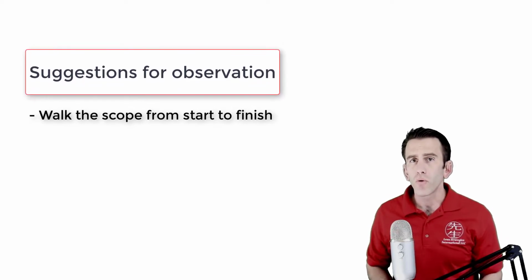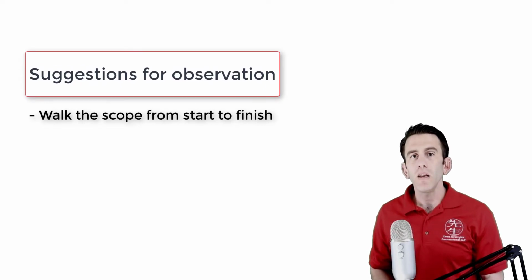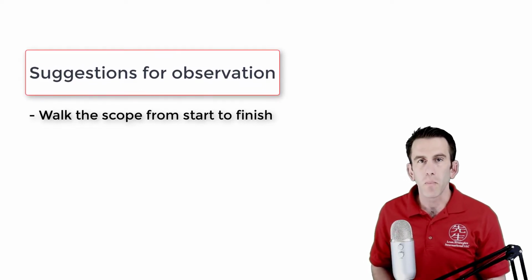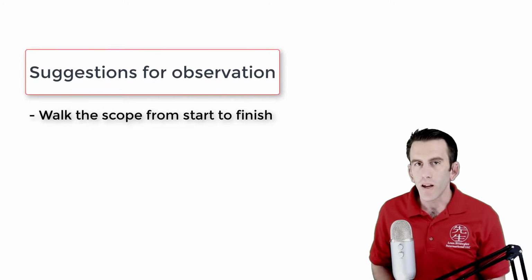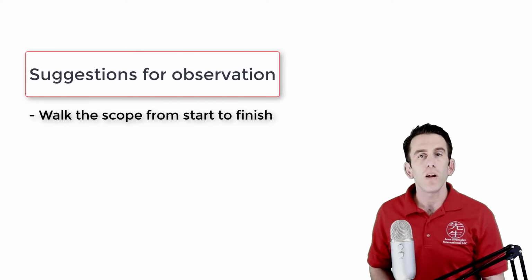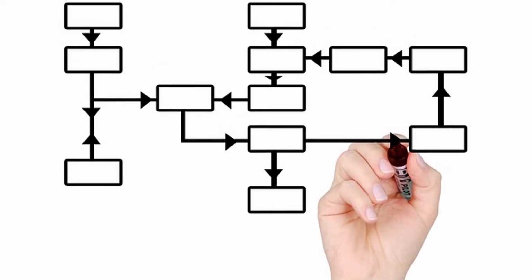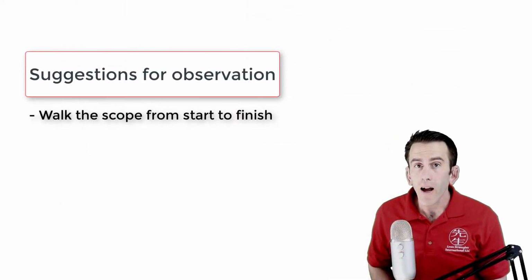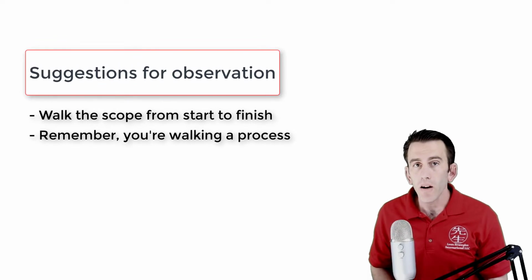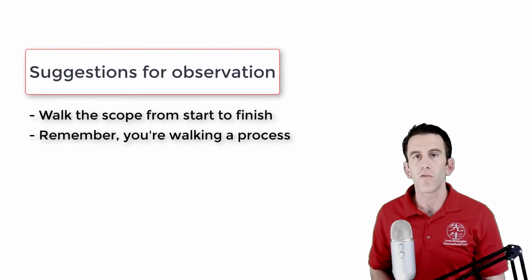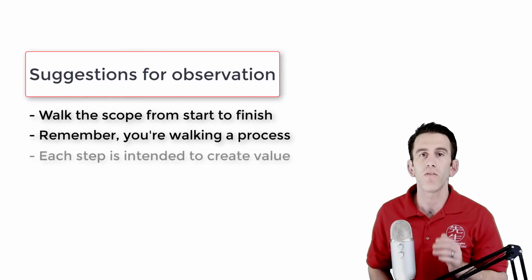So how do we ensure we gather the information we need while visiting the Gemba? Let's recall for a second that everything in an organization is a process. Some processes are larger than others, but all activities are designed and created with the intention of producing some type of value.